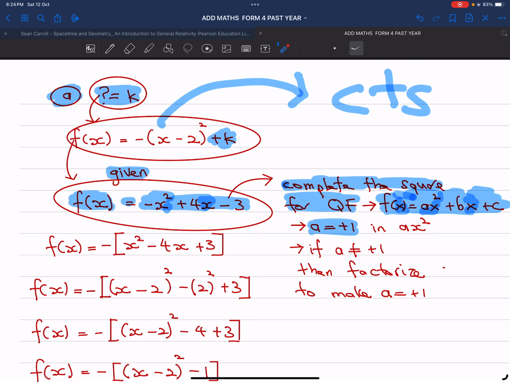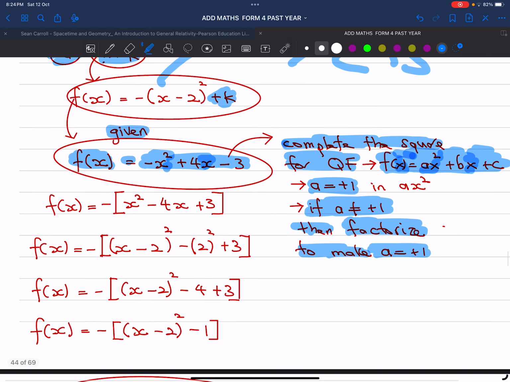If the a is not positive 1, some other number, then you must factorize the quadratic function to make the a positive 1. So if you look at the given quadratic function, in front of x squared, the a is not positive 1 but negative 1, which means I must take out the negative and then factorize.